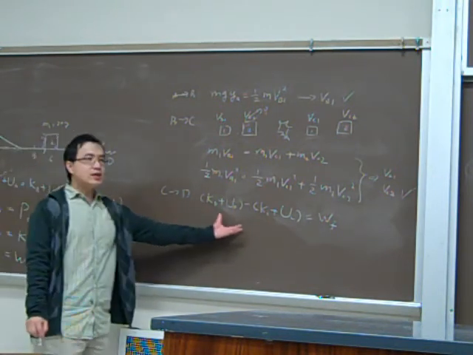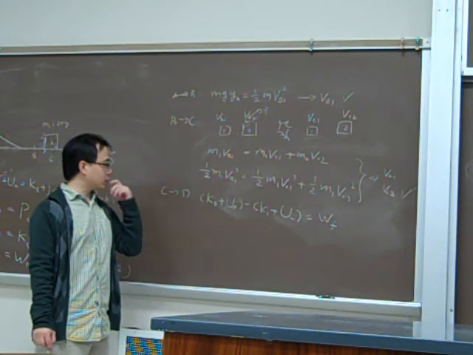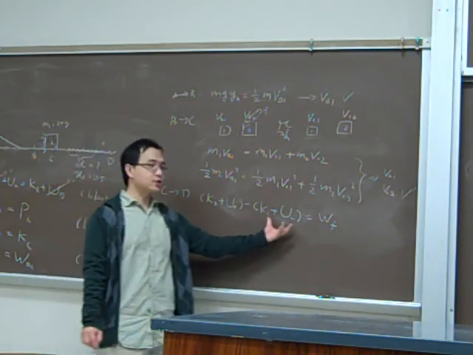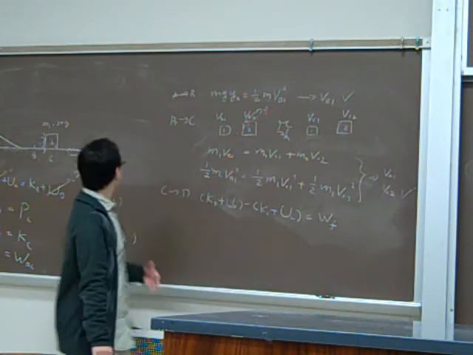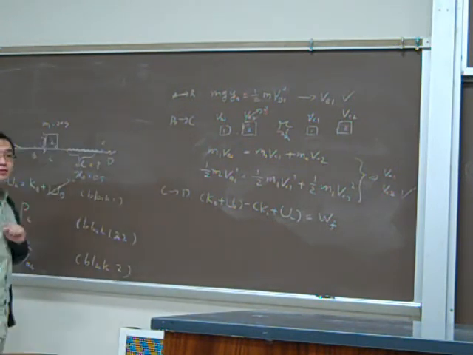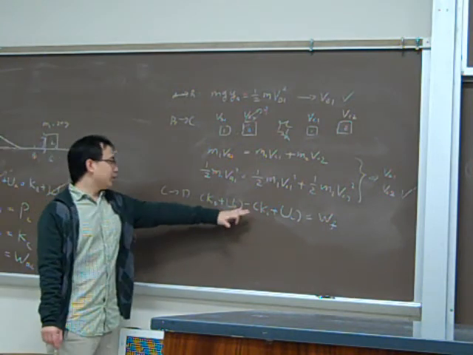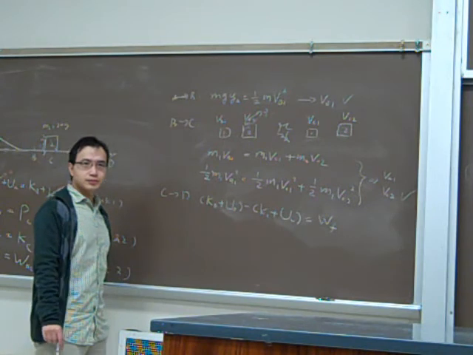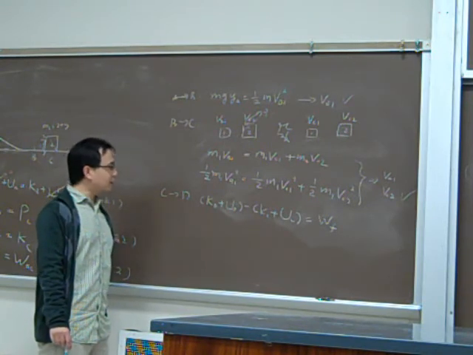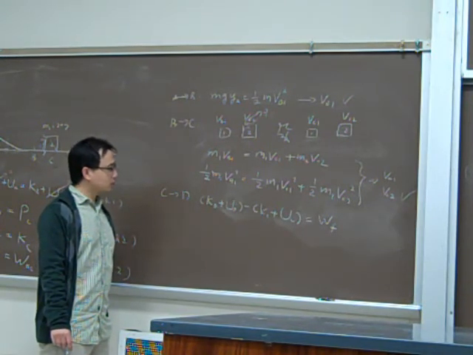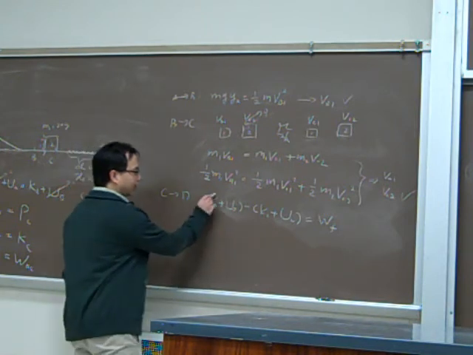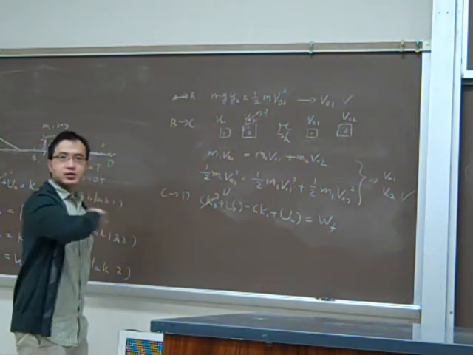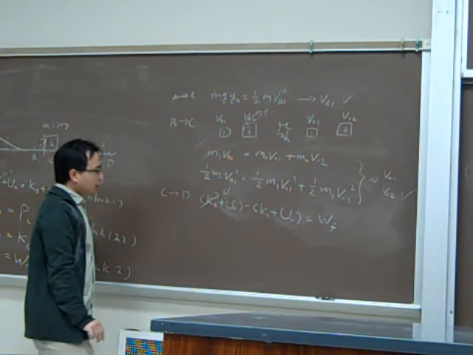And the left-hand side is the change in the mechanical energy. The final mechanical energy subtracts the initial mechanical energy. The final state is D, the initial state is C for block 2. Right? So, what do we know about these quantities? There are many zero terms. How about kinetic energy? The final kinetic energy is 0, since it finally stopped.